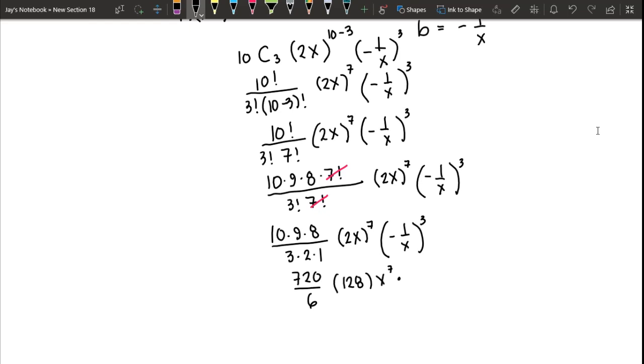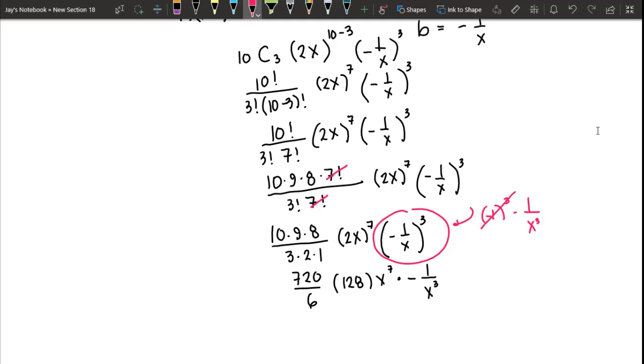now we have this negative sign here, but take note, we have raised this to the third power. If that is an odd number, that would mean that we still have a negative sign on our term. So therefore that would give us negative 1 over x cubed. Because again, if you would like to simplify it further, this would give us negative 1 raised to 3 times 1 over x raised to the 3.